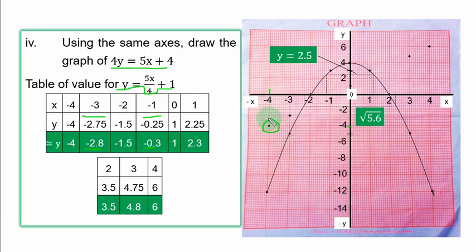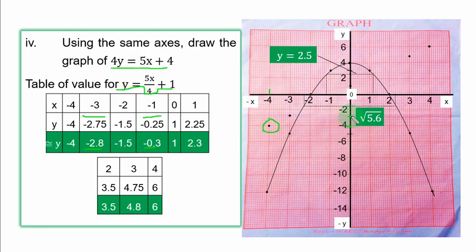When s is minus 3, y is minus 2.8. Minus 2.8 is somewhere here. After 2, the first line minus 2.2, minus 2.4, minus 2.6. So this is minus 2.8.